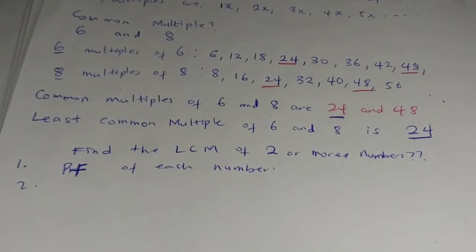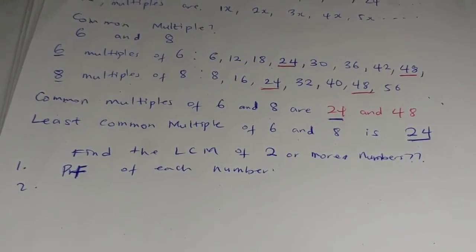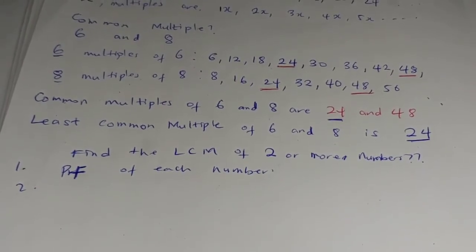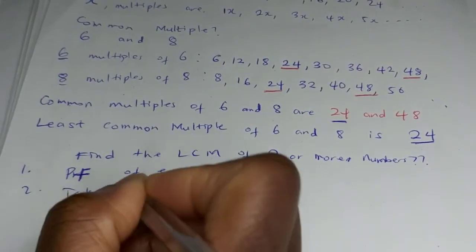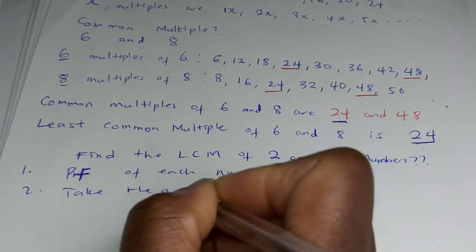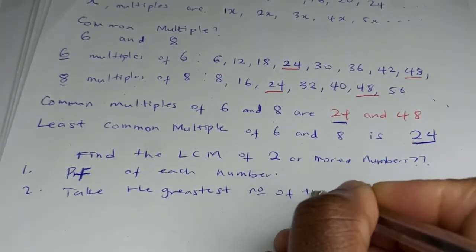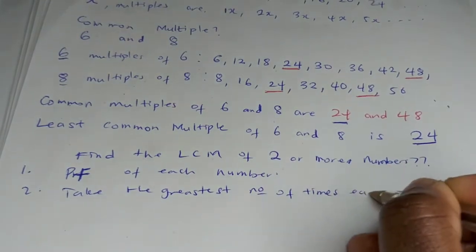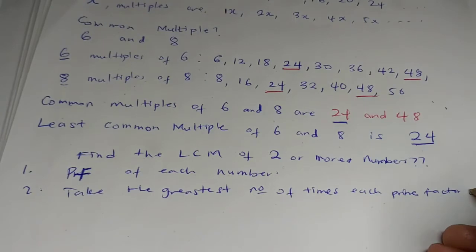And then after that, you check the greatest number of times each prime factor occurs in the numbers. So take the greatest number of times each prime factor occurs.